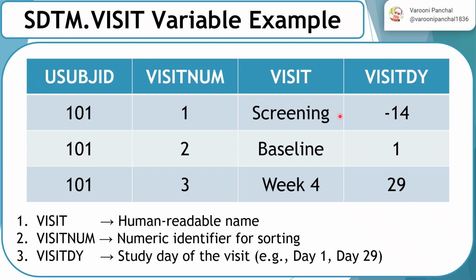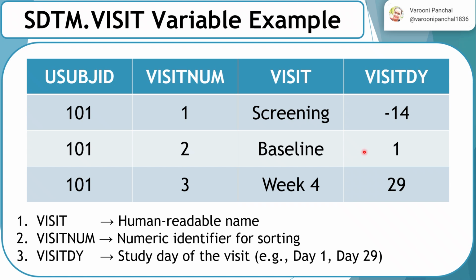Right. So what was day 1 of screening? That day 1 is usually minus 14. The reason is we are calculating the back days from the very first day when the treatment was started. That first day is the baseline value, right?